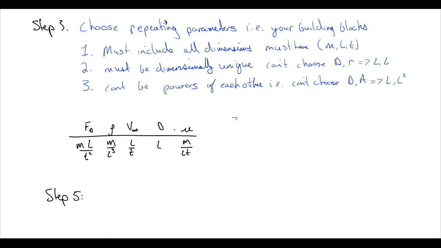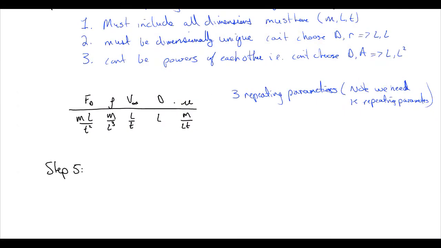Note we need k repeating parameters. Okay, so we need 3 repeating parameters, and so I'm going to choose for this example, mu, d, and rho.